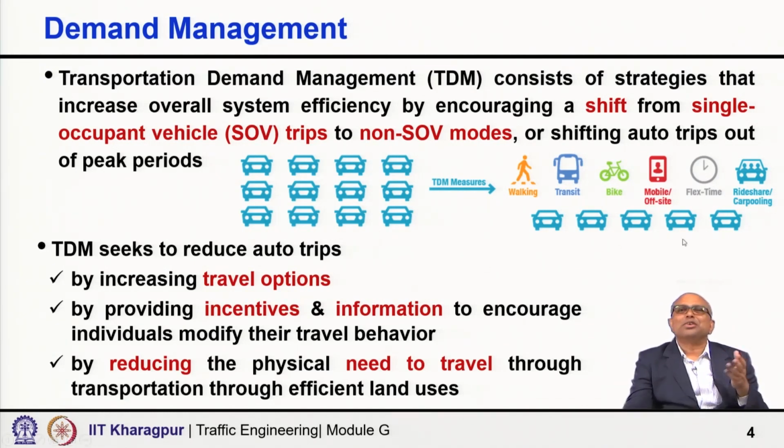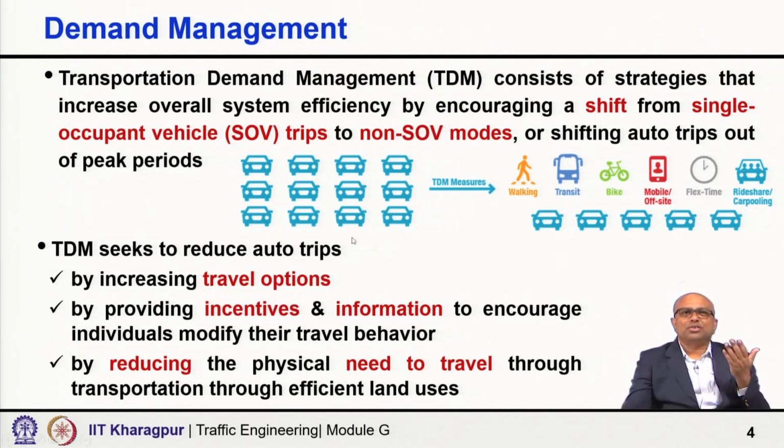The remaining car trips will be as usual, but a little shift and intervention in this way, to non-SOV modes, non-motorized modes, or shifting peak hour trips to outside the peak hour, can bring a lot of benefit.